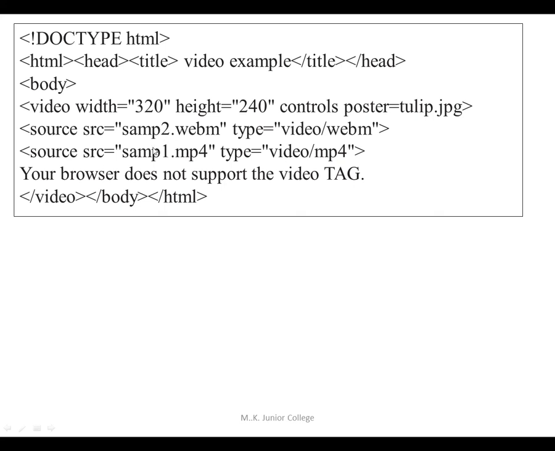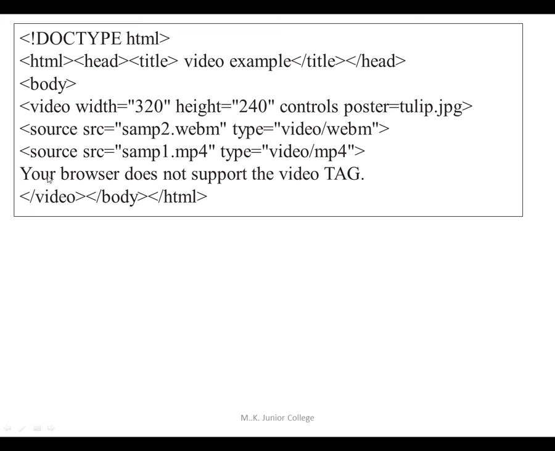Out of these two, your browser will search for the very first video. If that video is present, it will run for you. If this video is not present or has some technical problem, it will shift to the next video and play it for you.